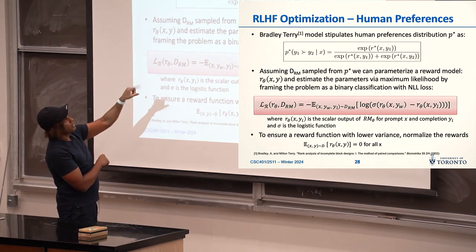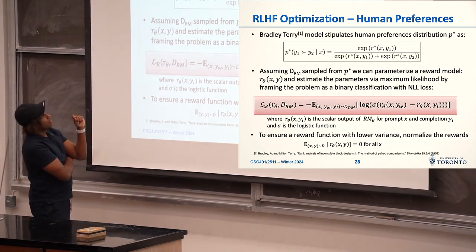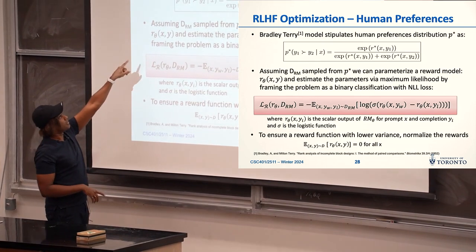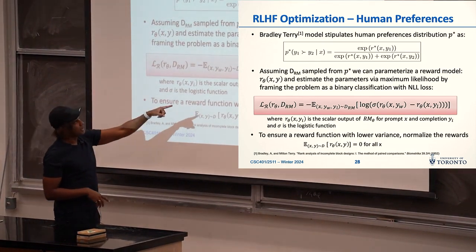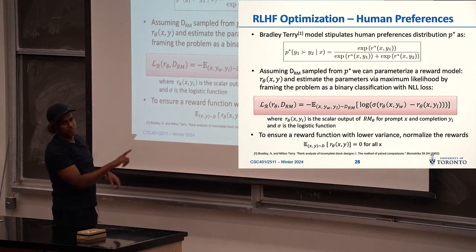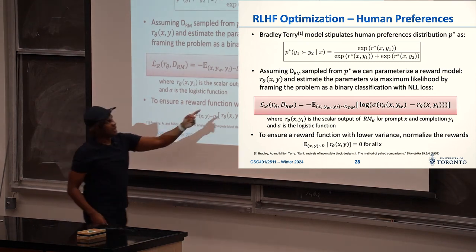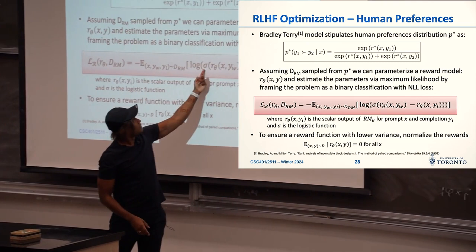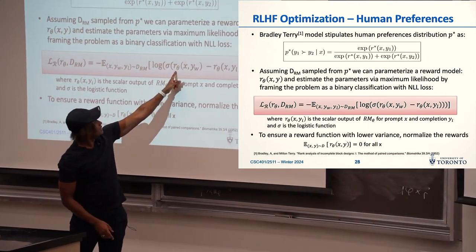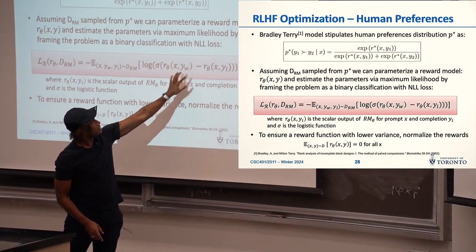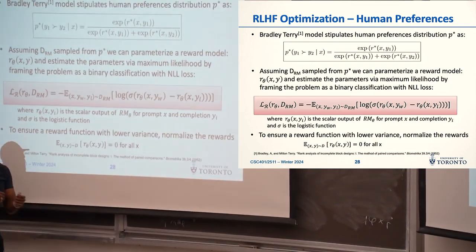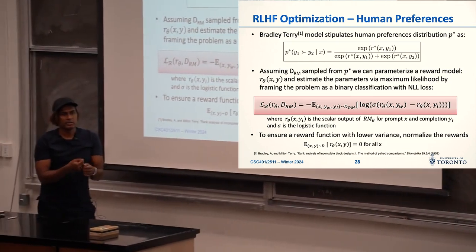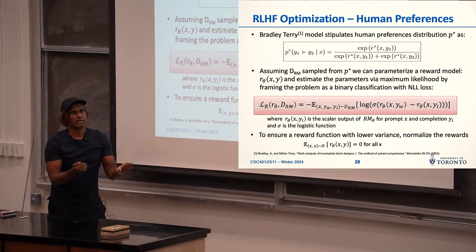Once you have that probability distribution, you can parameterize a reward model R theta (x, y), and then update the parameters theta based on this objective function. This is a logistic function, and you have the winner, the better answer, minus the worse answer. Then you just train a neural network for binary classification loss.